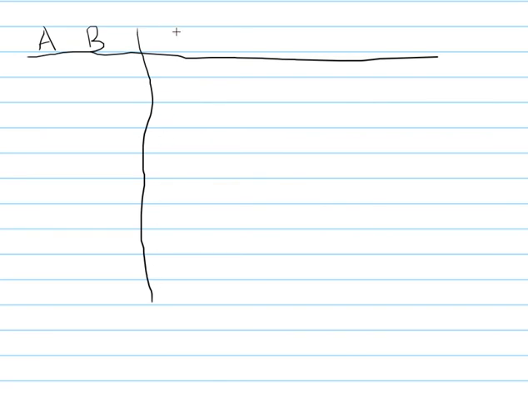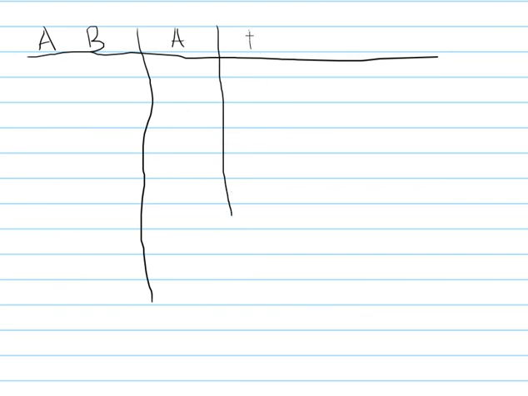So here, on the left-hand side, we have our two atomic sentences that are featured, A and B. Then we're going to have a big column for each premise.